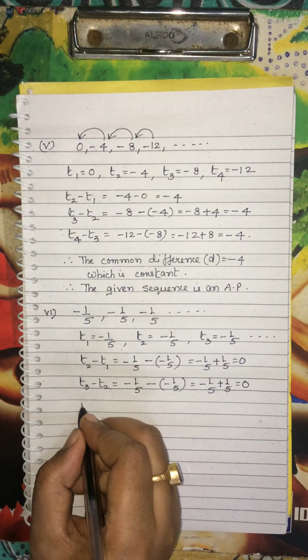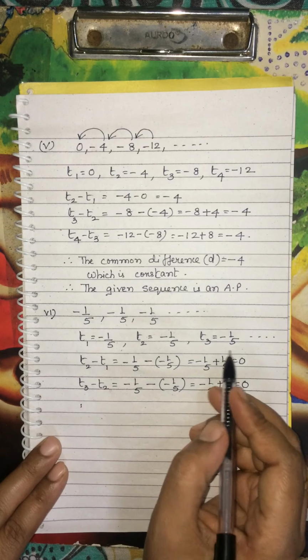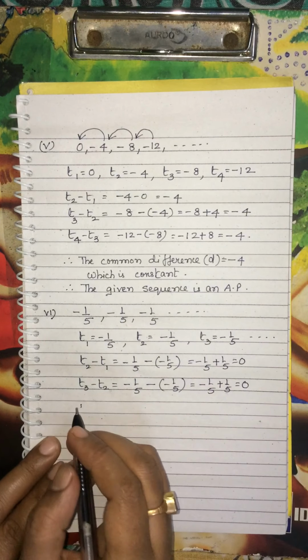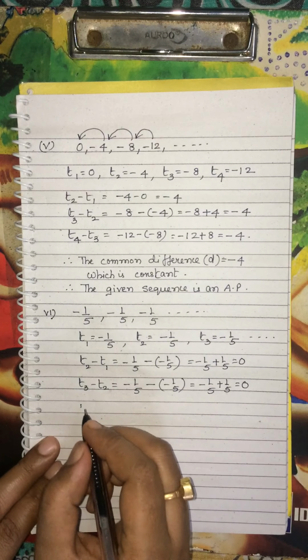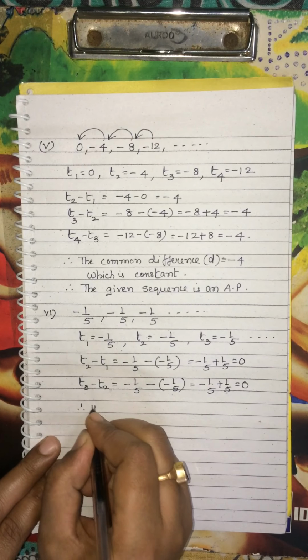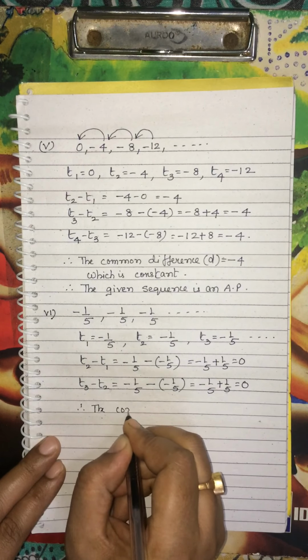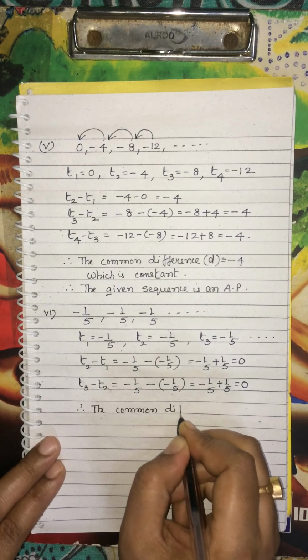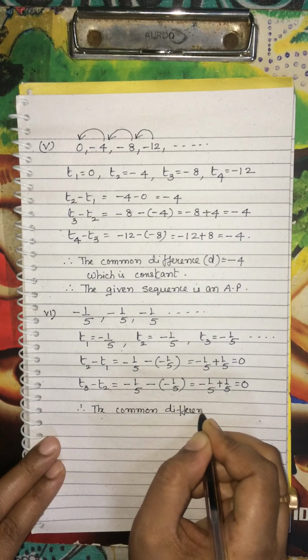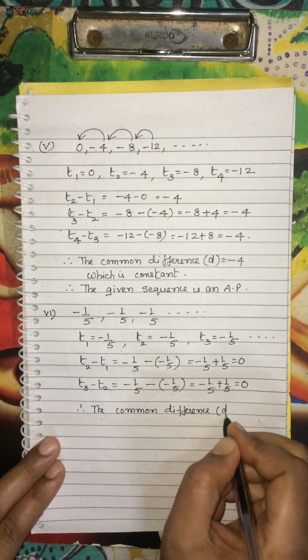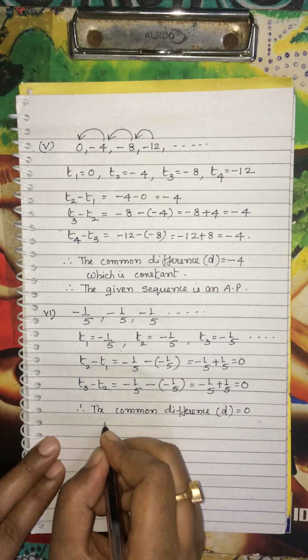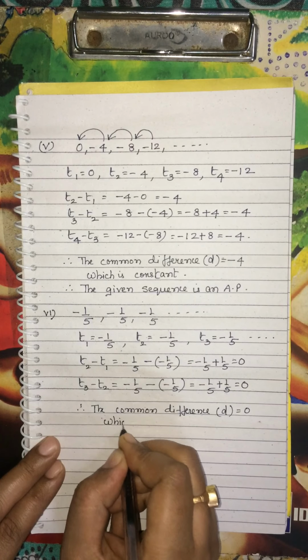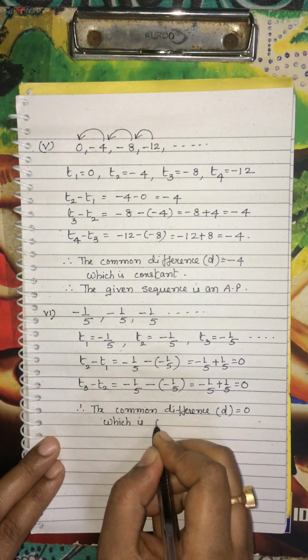In a similar manner, if you find all the differences are constant, so you will write the common difference D is 0 which is constant.